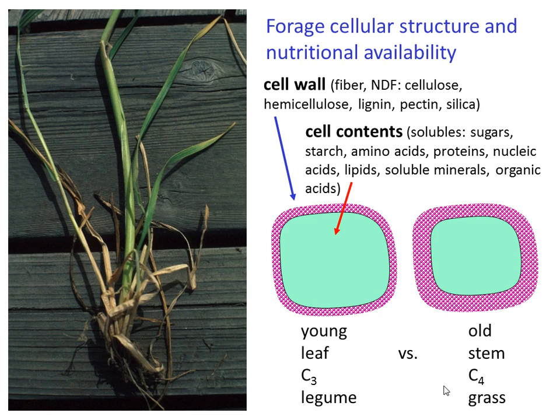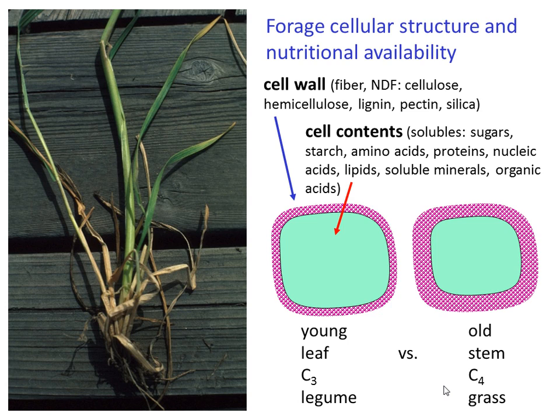And so you can have a relatively thin cell wall, that's the stippled purple outer rim, or you can have a relatively thick cell wall. So obviously in this case on the right, the cell wall or fiber, let's call it neutral detergent fiber, that's the term that's used in forage testing labs, that's obviously going to be a higher percentage of the dry matter.